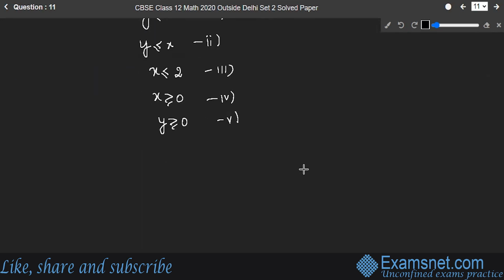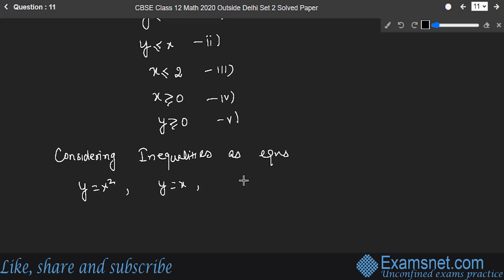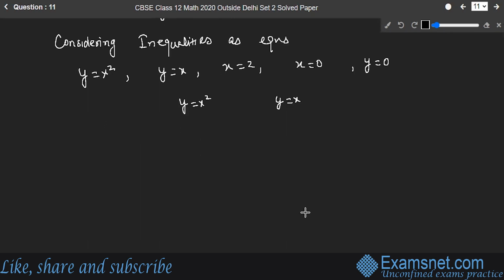Now considering inequalities as equations, you have y is equal to x square, y is equal to x, x is equal to 2, x is equal to 0, and y is equal to 0. If I solve y is equal to x square and y is equal to x, you have x square is equal to x, or x square minus x is equal to 0, x into x minus 1 is equal to 0.